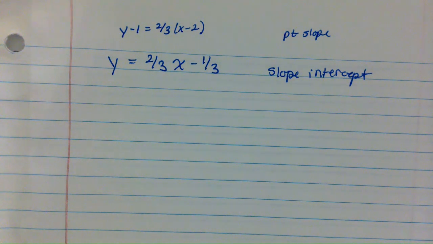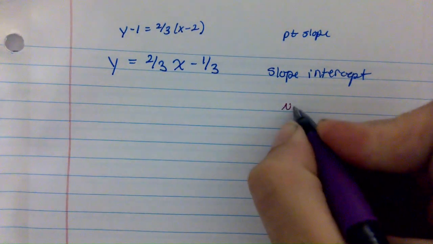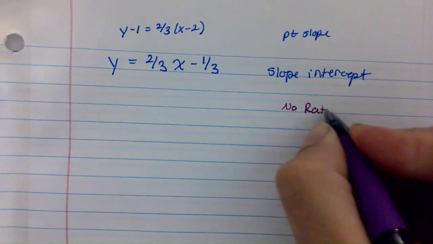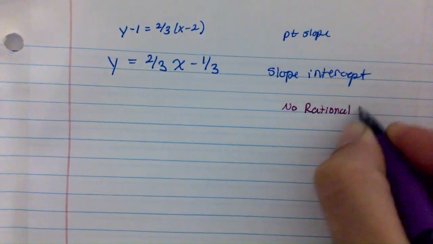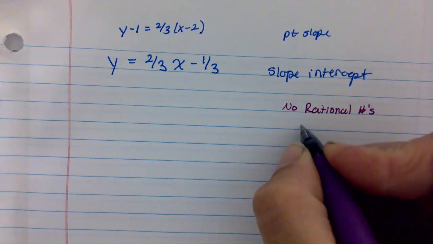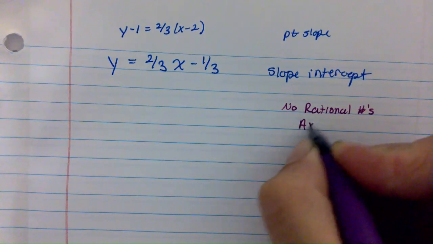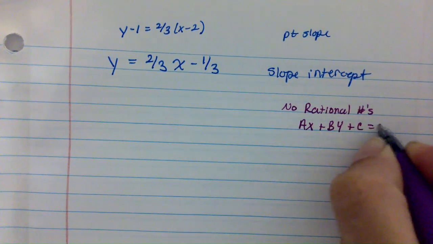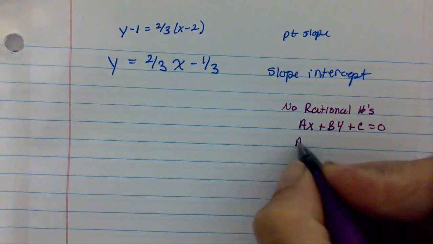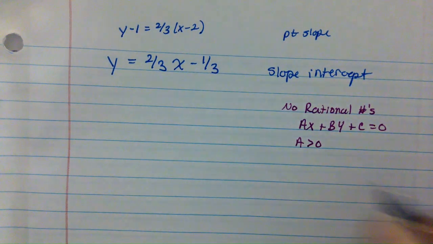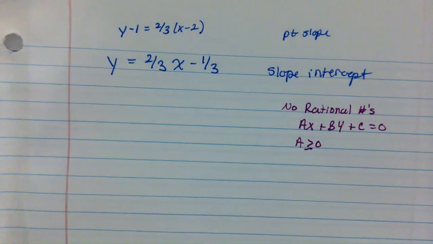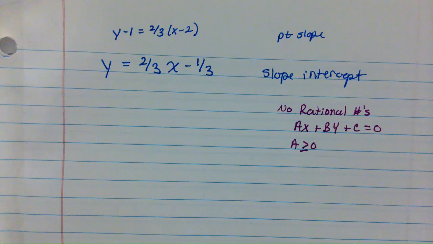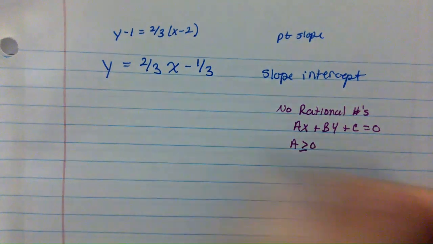General form means no fractions, no rational numbers, they'll equal 0, and your a value will be greater than or equal to 0. It can be equal to 0. Okay, so we want to move everything to one side.